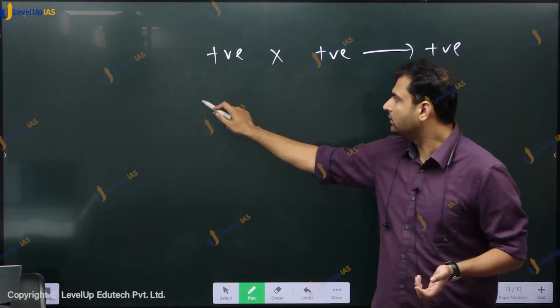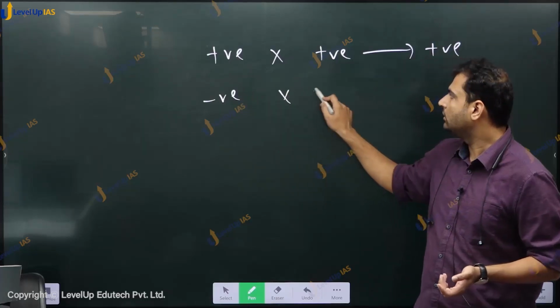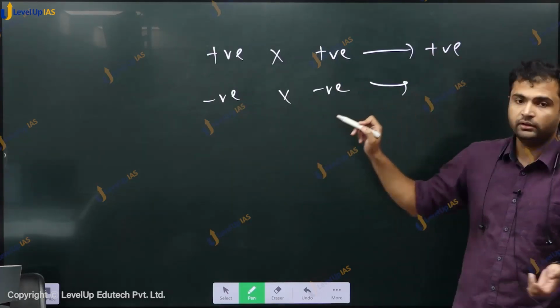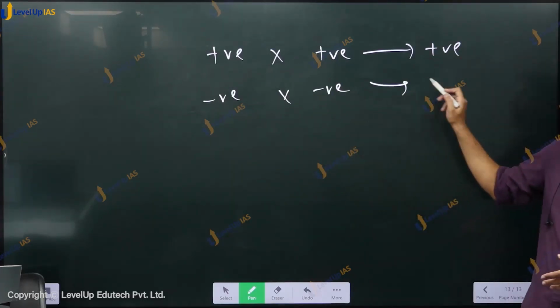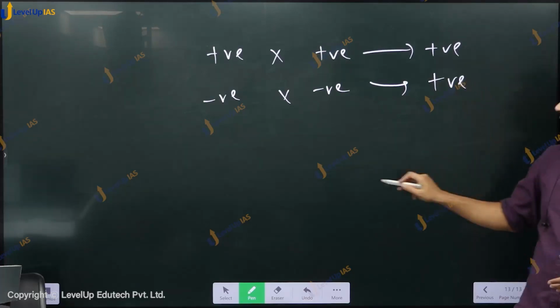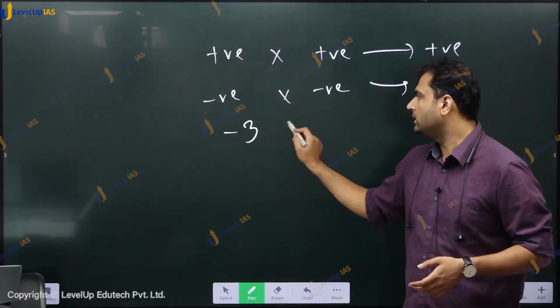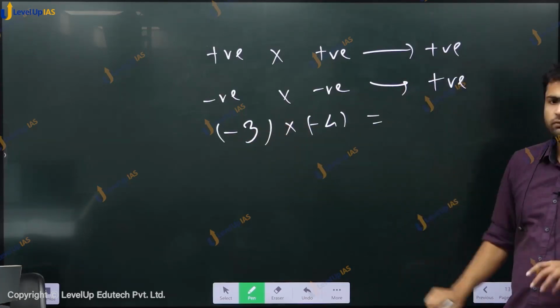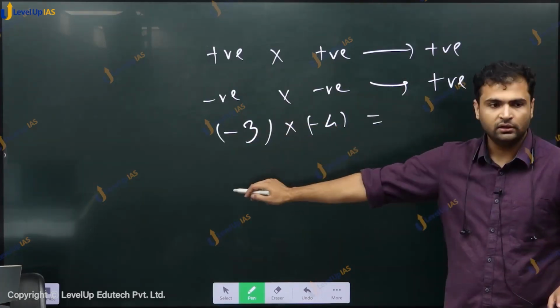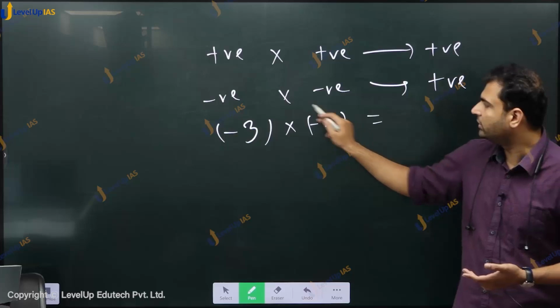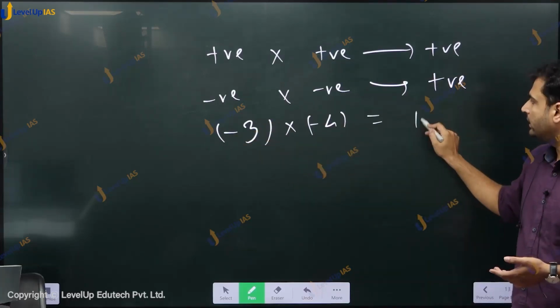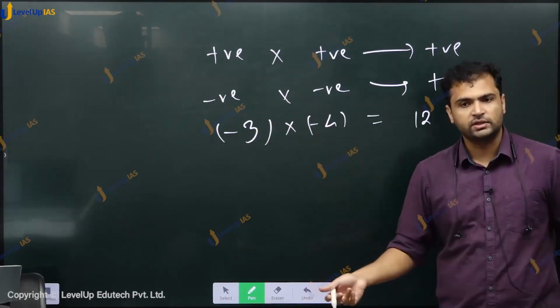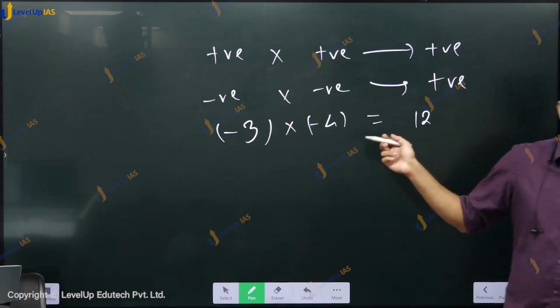If you multiply negative number and with negative number, what do we get? Negative into negative is also positive number. So for example, -3 into -4. क्या होगा? We just forget that there is a negative sign. We multiply it as it is. Multiplication is 12, and minus become plus. So it is plus 12.